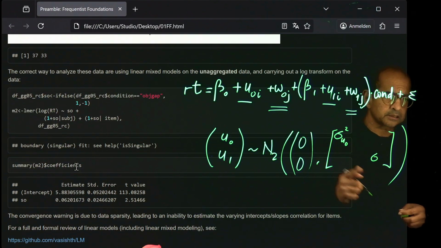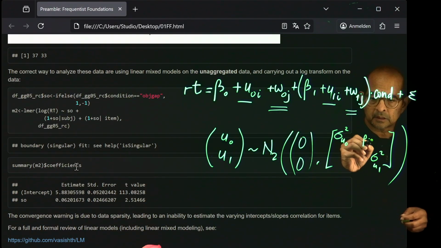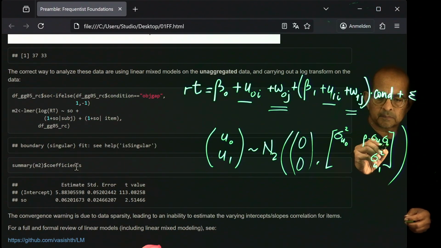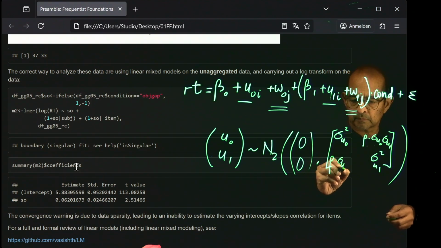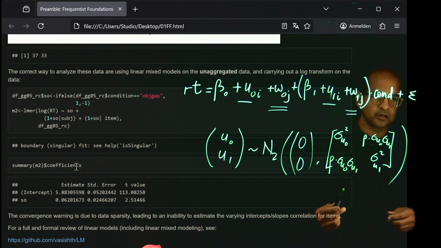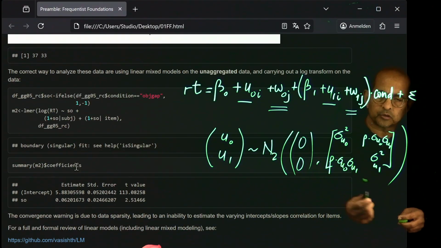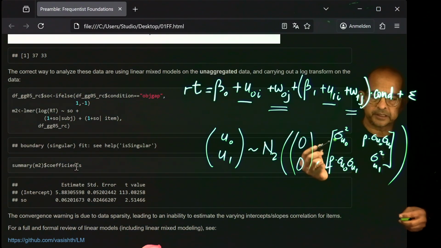This is all discussed in chapter 1 of the textbook. So we are now assuming that the intercepts and slopes are coming from a bivariate normal with mean 0 for both U0 and U1, and a particular variance-covariance matrix.